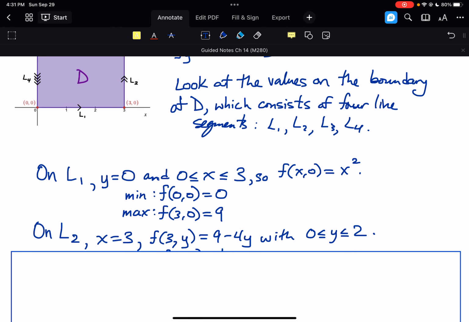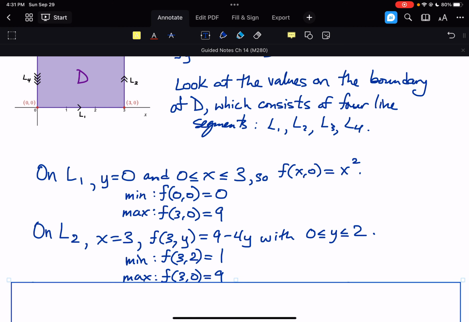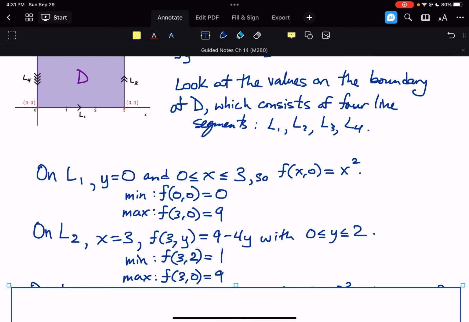It's acting like a line, 9 minus 4y. That is going to be maximized when y is 0, because you're subtracting off a 0, so it's 9. It's minimized when y is 2, because the line is going down as you move along there. So we have our max and min on L2, and we got their outputs along the way as well.